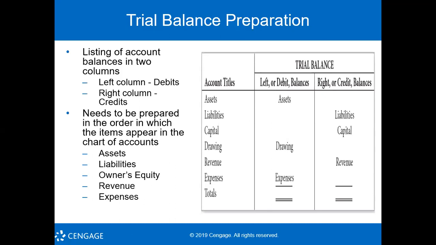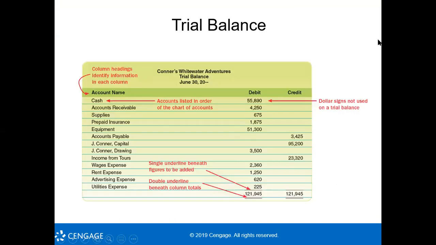And this is kind of that standard format of the trial balance. All right, so here's an example out of your book of that trial balance. Again, we have all of our account titles or account headings here. Any of the accounts that have a debit balance, those amounts are listed in the debit column. And any of the accounts that have a credit balance, those amounts are listed in the credit column.